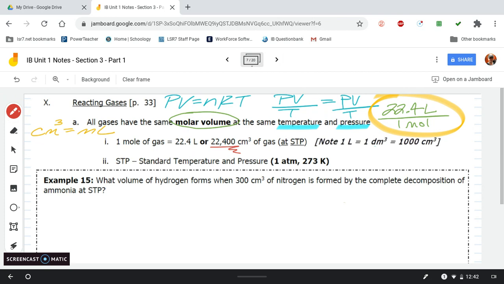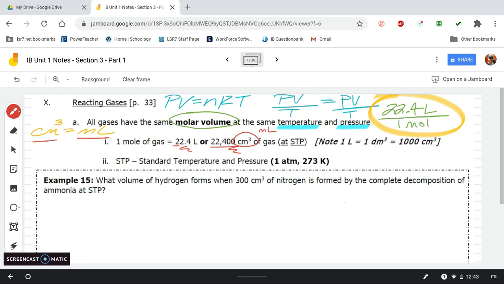It's just obviously there's more of those because they are smaller than liters. Hopefully you remember from last year the centimeter cubed is the same as a milliliter. If you don't, you want to write that down. So right here it says centimeters cubed. IB uses this one, but you could also think of it as milliliters because it's the same thing. And then 22.4 liters is the same thing.